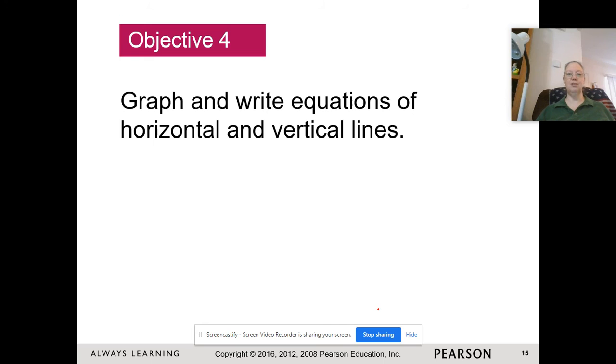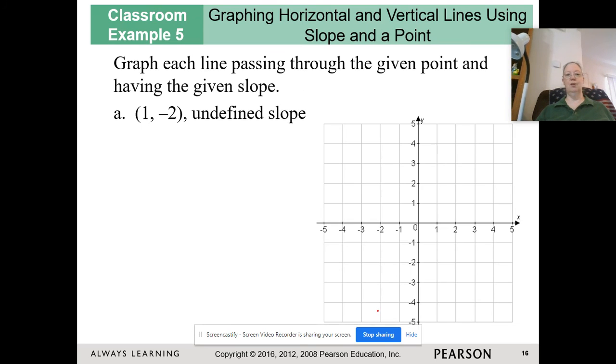Okay, graph and write equations of horizontal and vertical lines. Okay, so 1, -2 has to go through that point. So 1, -2. We need an undefined slope. Now, if you recall from the last section, undefined slope was a vertical line.